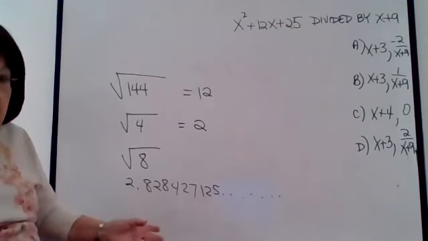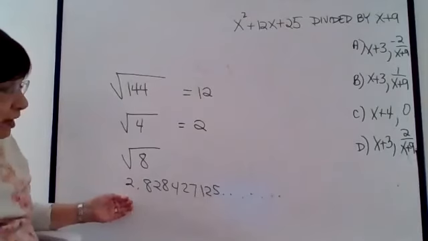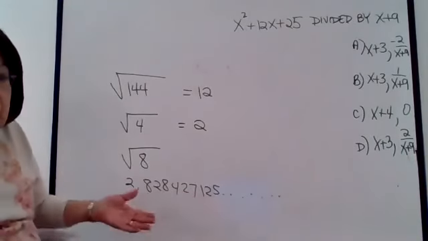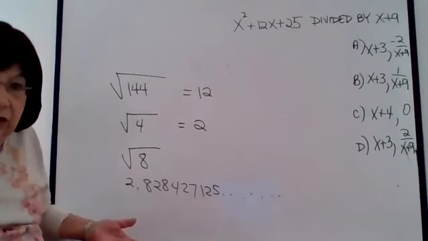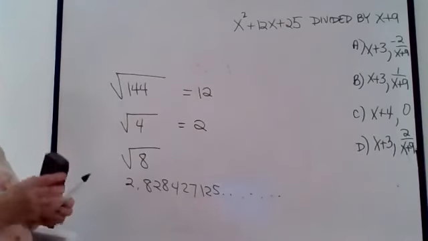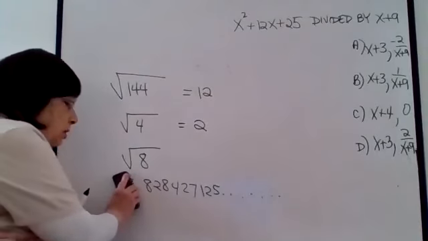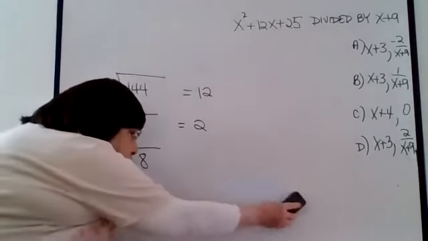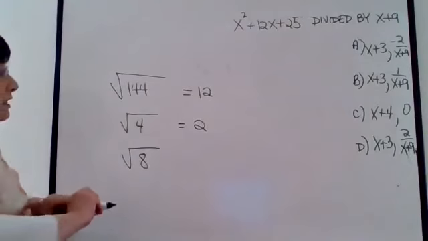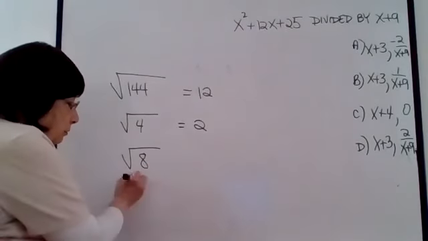That doesn't really help us very much because even if I round it, it's never going to be an exact number. So another thing that we do when we have an irrational number, instead of going to our calculators, is something called simplifying the radical.